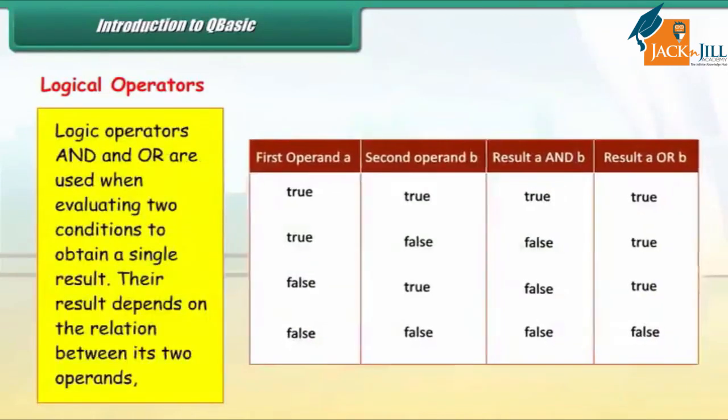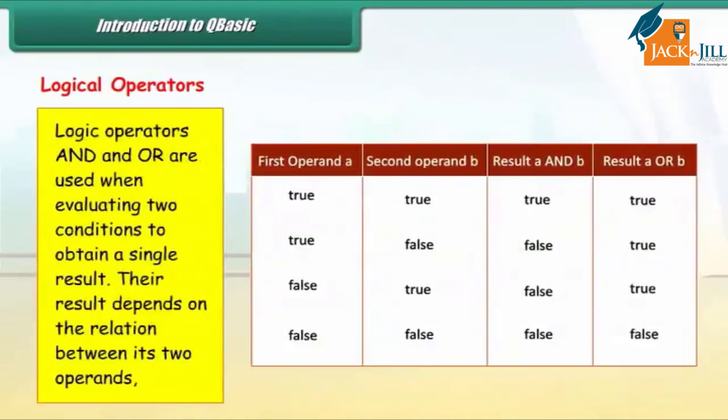Logical operators AND and OR are used when evaluating two conditions to obtain a single result. Their result depends on the relation between their two operands.